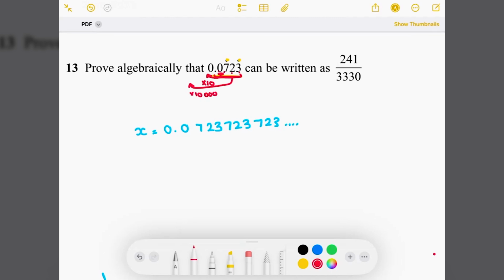Times this by 10, so I get 10x equals 0.723, 723, 723, etc. Now I want to get the whole thing onto the other side, so I'm going to multiply it by 10,000. So if I times this by 10,000, 10,000x, everything's going to move, the 0, the 7, the 2, and the 3.